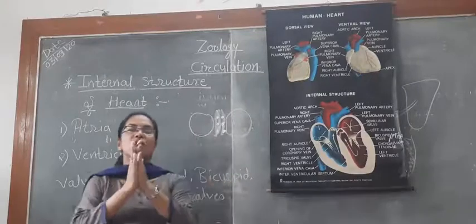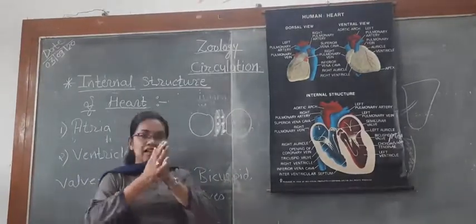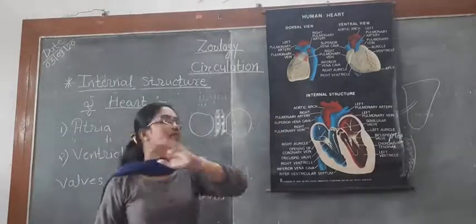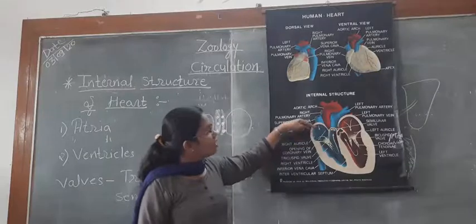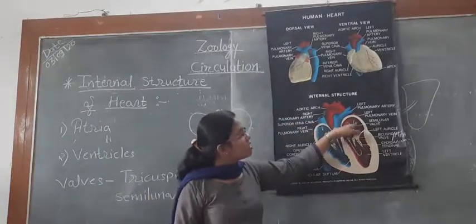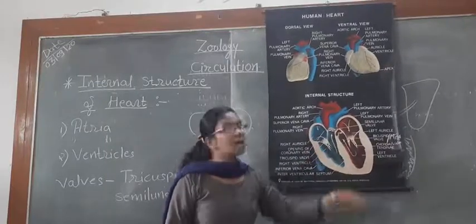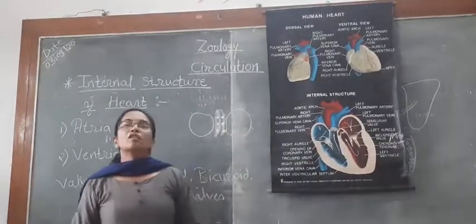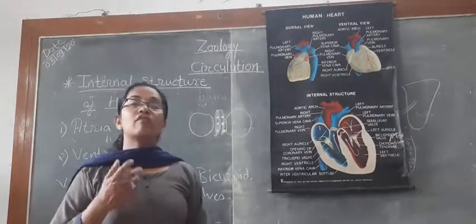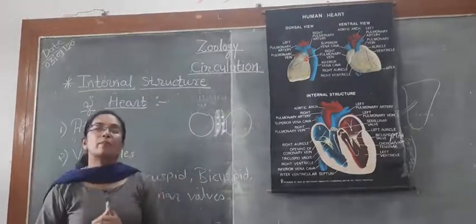The chambers are still merged; they have not yet separated. At that time, the blood from the maternal body enters the embryo's heart via the right atrium and goes to the left side and the ventricles, so the blood circulation is random. But what happens in the case of prematurity or abnormality? The heart chambers do not separate.